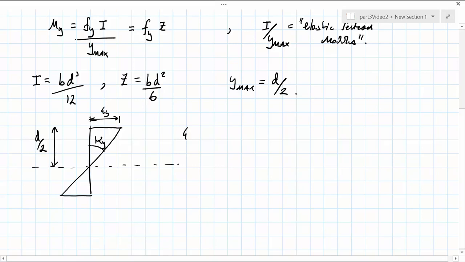Correspondingly then, epsilon y is equal to d over 2 times kappa y. So kappa y is then equal to 2 times epsilon y divided by d.